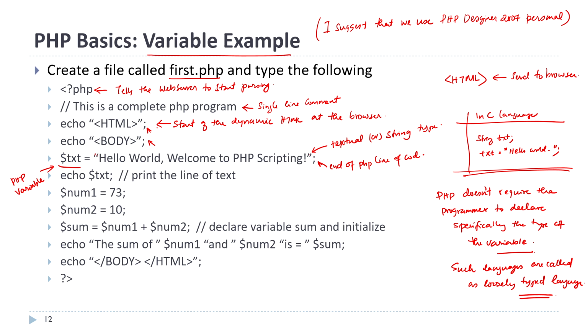The semicolon marks the end of the line of the PHP code. Then we say echo text, and we have a comment here, it says print the line of text. So, it will print hello world, welcome to PHP scripting. So, this is a PHP text variable, and you have $num1 and $num2. Okay. These are PHP numeric variables.